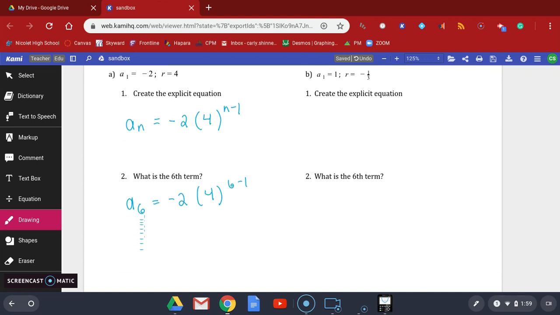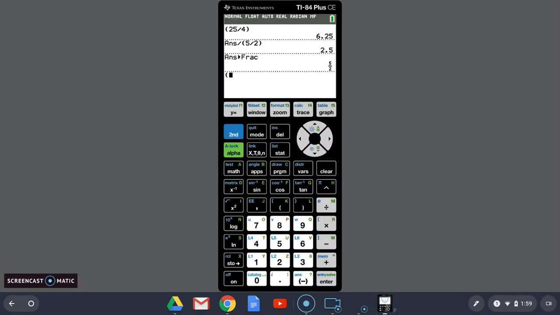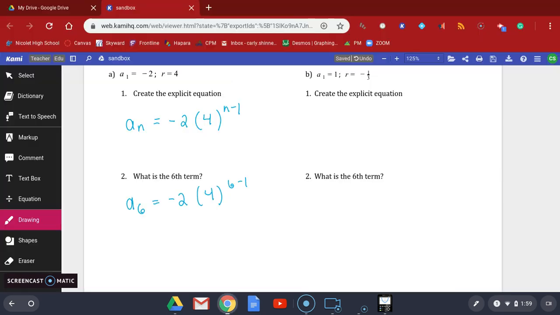And I might want to just plop that right in here. So let's do -2 in parentheses, 4 to the 6 minus 1, which would be 5. And I get -2048. And I really like notation. So a sub 6, that just means the sixth term.